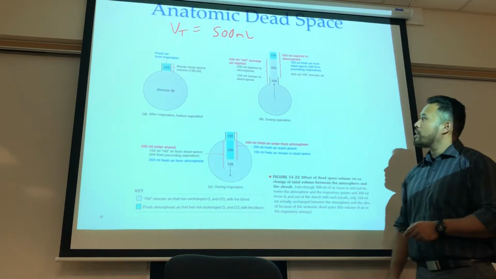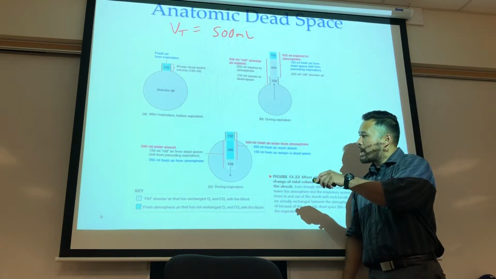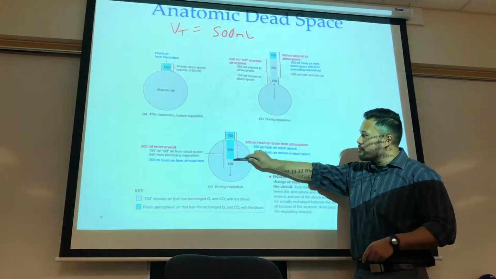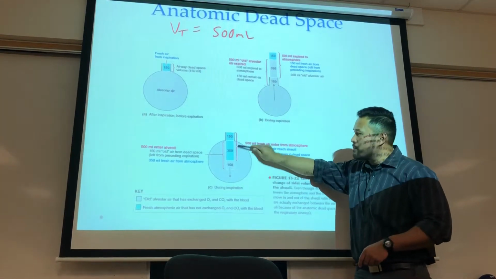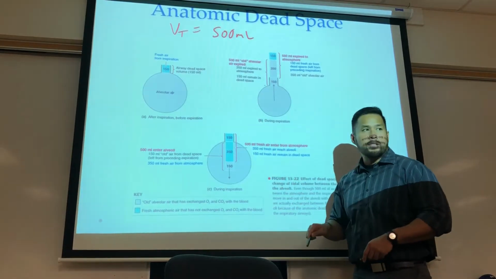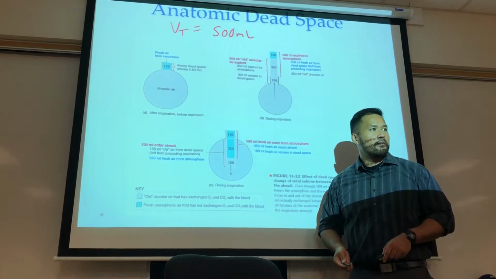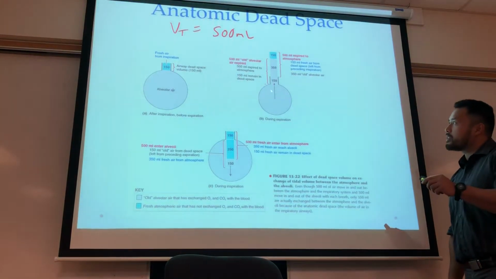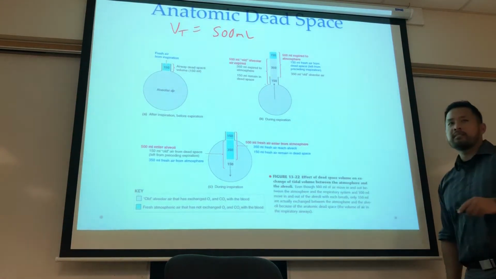What's going to happen when we take another 500 mils of air? This 150 is going to get pushed back into the alveoli. Of the other 500 that we take in, 350, again 70%, makes its way into the respiratory zone. The other 30% is trapped in the airways. So any way you look at it, there's 150 milliliters of old air that's going to get continually pushed back into the lung.